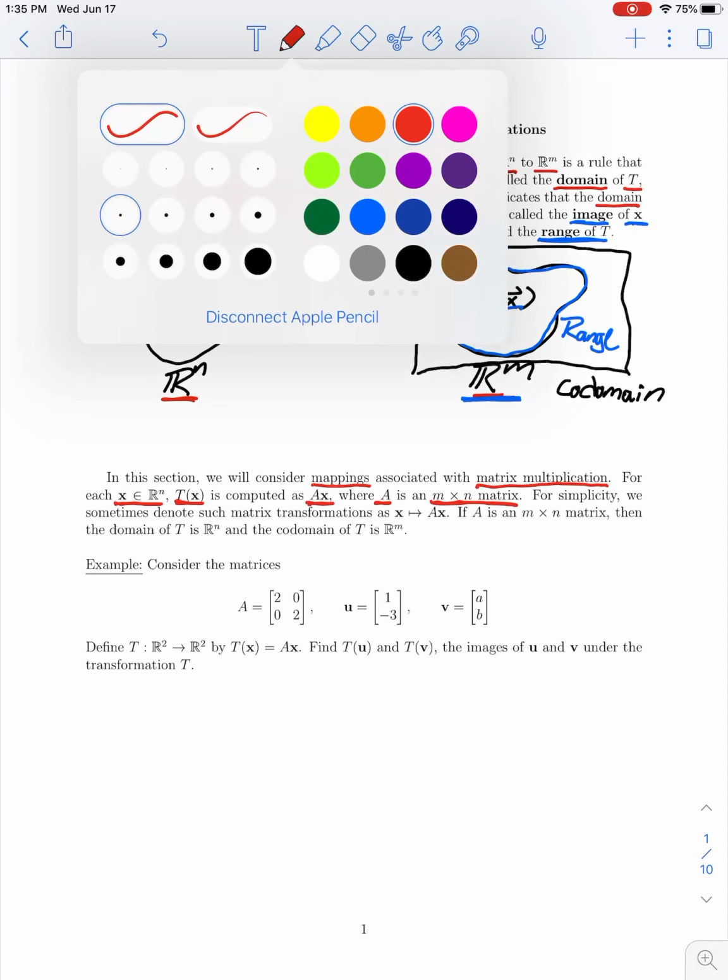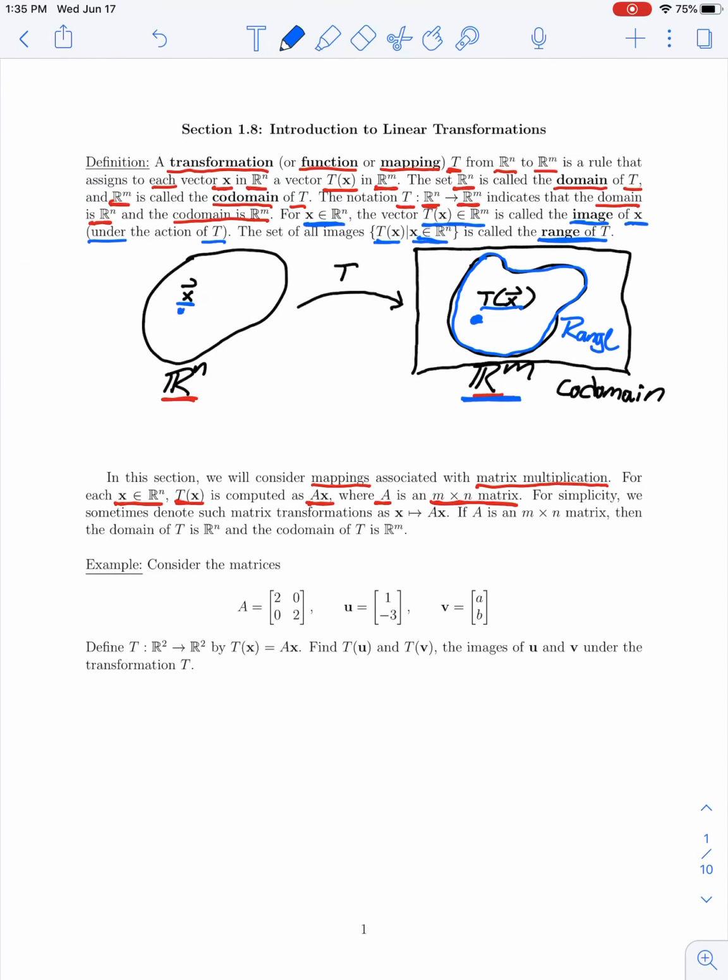Notice that for the matrix product A times x to be defined, the number of columns of A, which is n, has to be the same as the length of the vector x in n-dimensional space. So if we have an m by n matrix, then the product of A times x gives us an m-dimensional vector. So we're mapping into Rm.